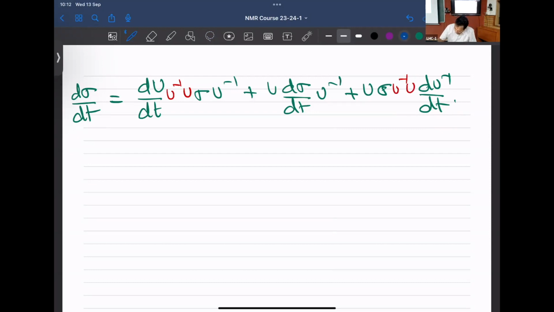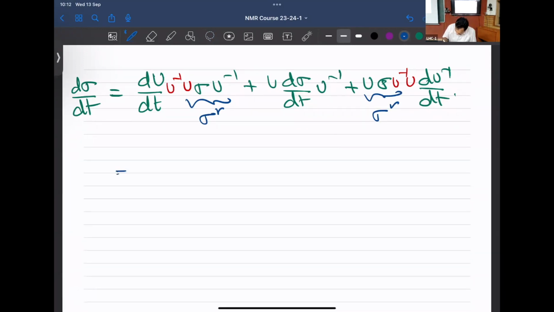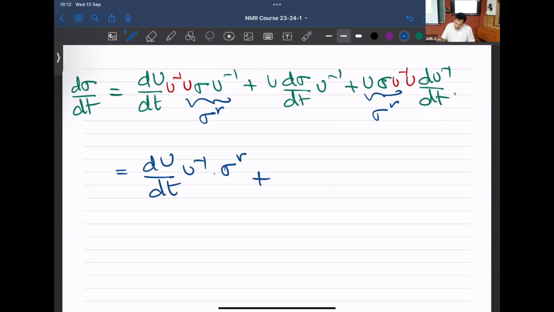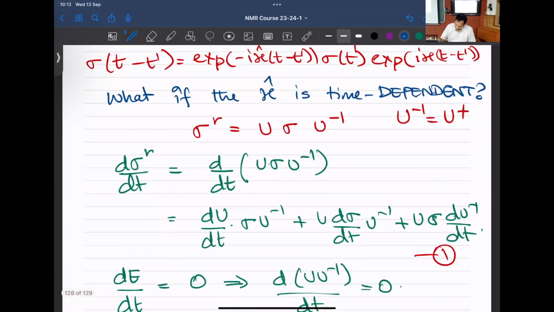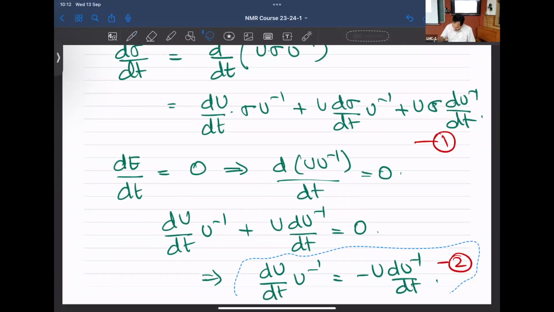So quickly, what you guys are able to understand here, this becomes sigma R, and this becomes sigma R. Correct? So therefore, what you have here is that this will become equal to du by dt u inverse of sigma R plus du sigma dt u inverse plus sigma R du inverse dt. Right? And what else did we do? We also said we have another relation which helps us equate these two entities, which we have in the next page.